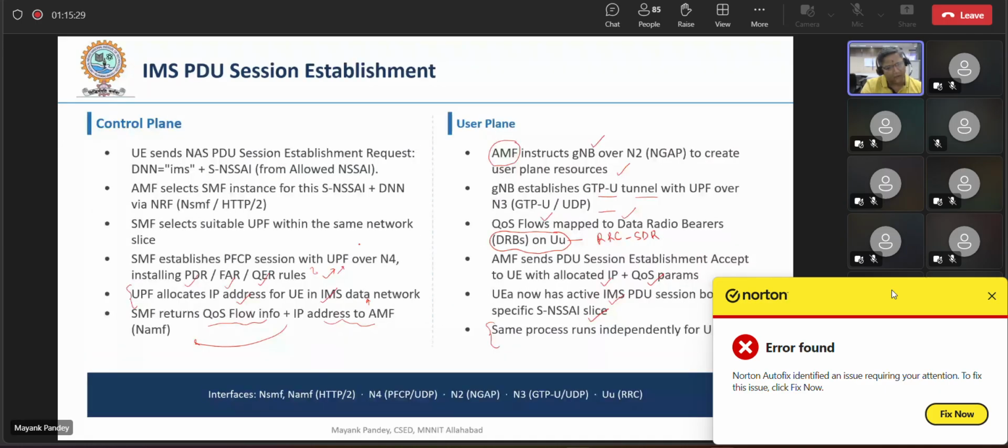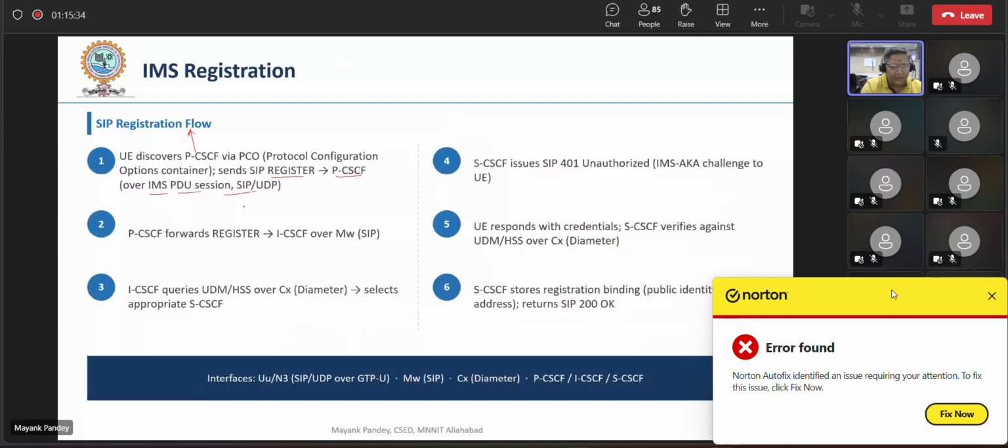This PDU session has been made akin to our default bearer. Obviously, the P-CSCF will forward this to the I-CSCF using the same old Mw interface and SIP. The I-CSCF will select the adequate S-CSCF for this particular mobile or UE. It queries the UDM, or HSS, as I told you, using the wrapper function, and selects the appropriate S-CSCF.